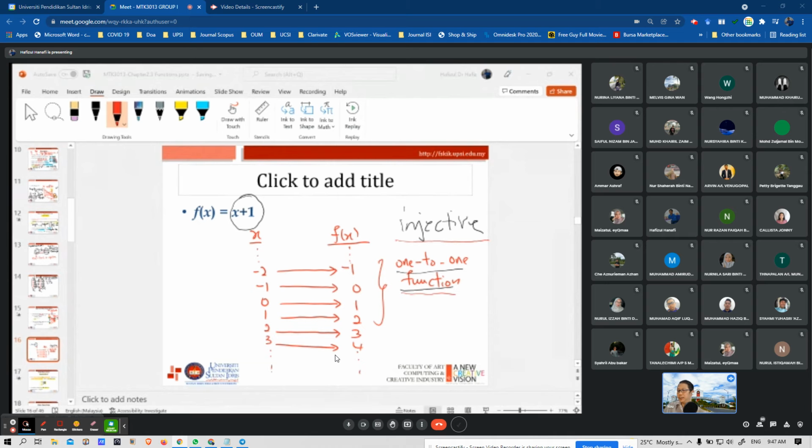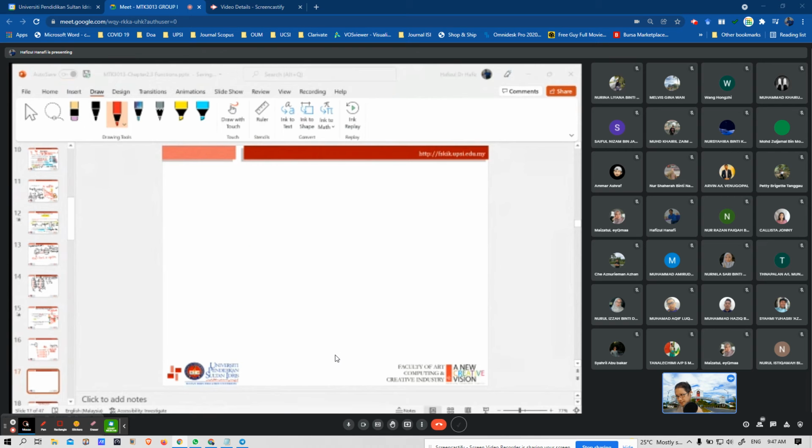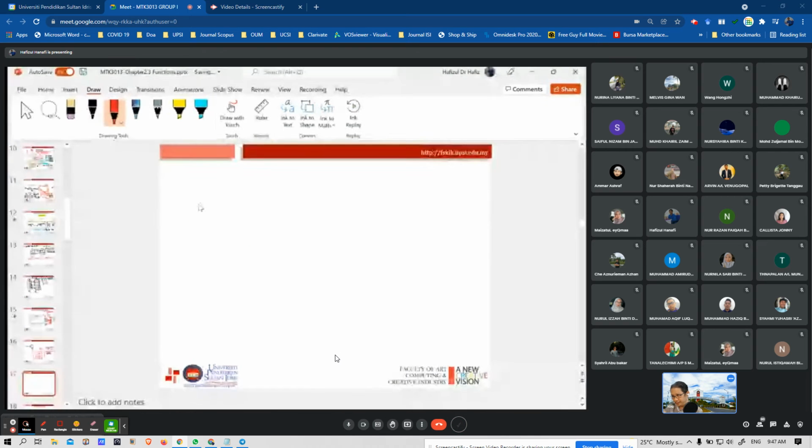Another example for injective that we have done is that f(x) equal to 3x minus 2 is injective.